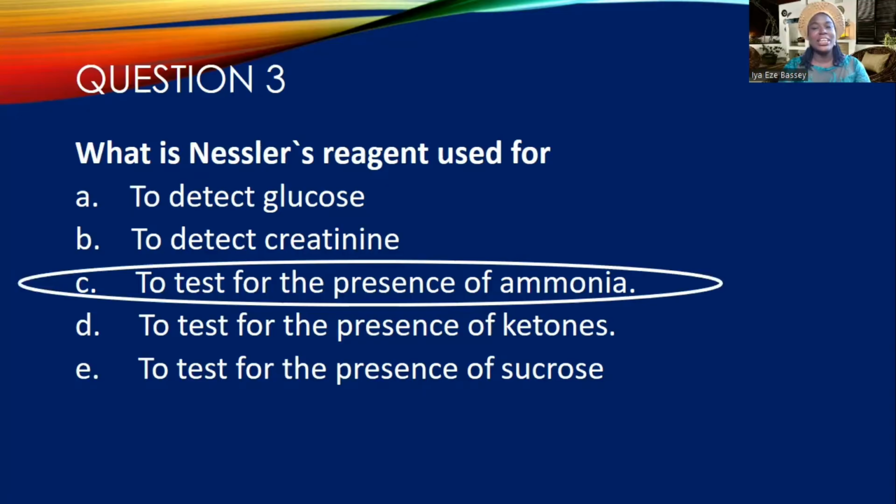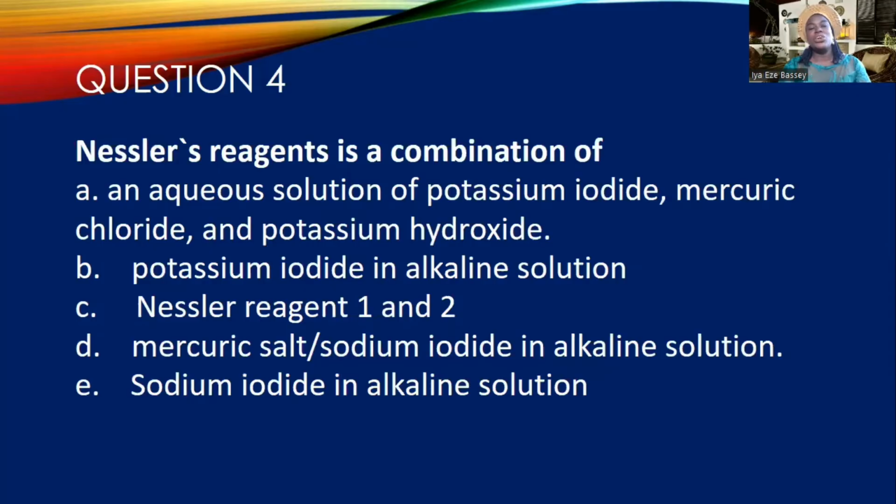So the only answer that is remaining will be C, testing for the presence of ammonia. You use clinistix for glucose, you use Jaffe's reaction for creatinine, or whatever method you're using, and all that.